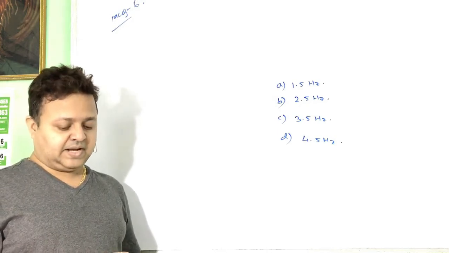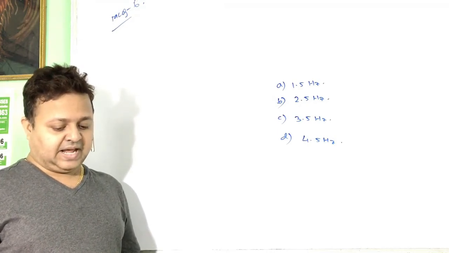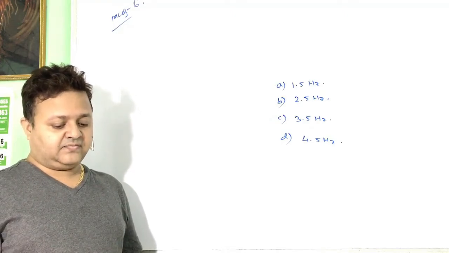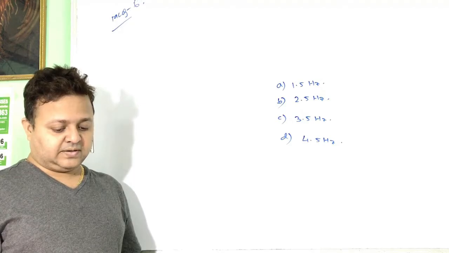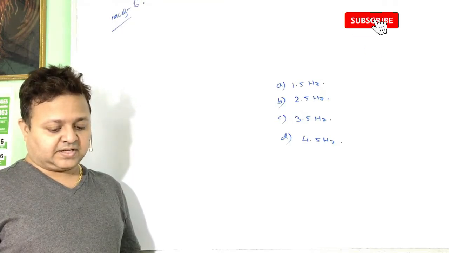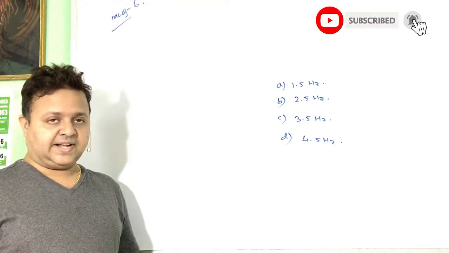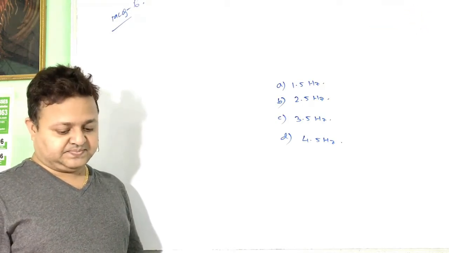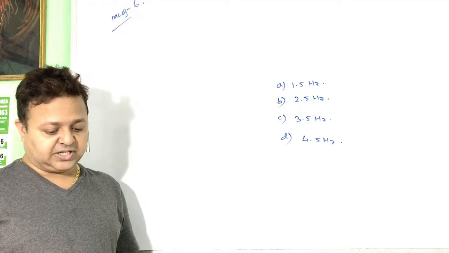আরেকবার রিপিট করছি, a bottle of mass 200 gram, an area of cross section 50 cm square, height 4 cm, oscillates on the surface of the water in vertical position. Its frequency of oscillation will be?